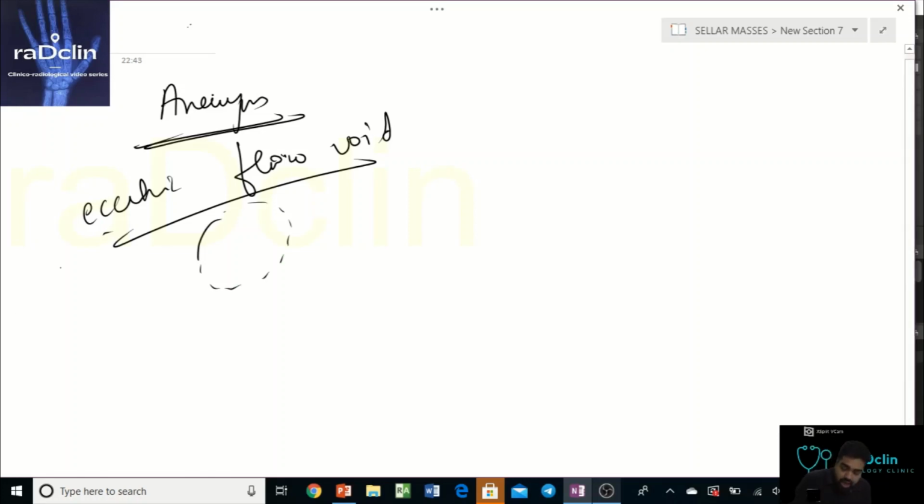Then another, in the elderly, we can have METs. METs can involve the sellar region. METs is a very aggressive lesion. It will involve the area, it will destroy and erode the area. There will be erosion, destruction of the area.